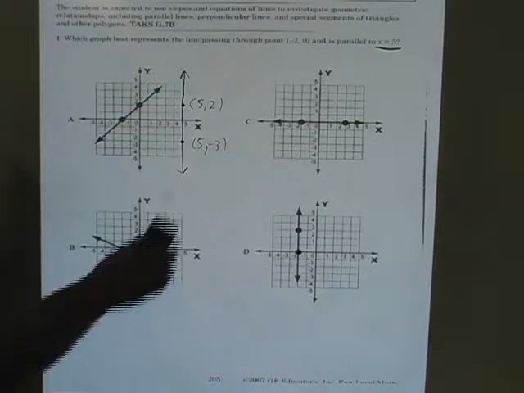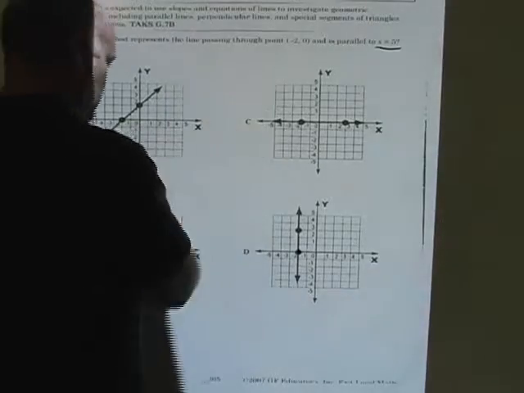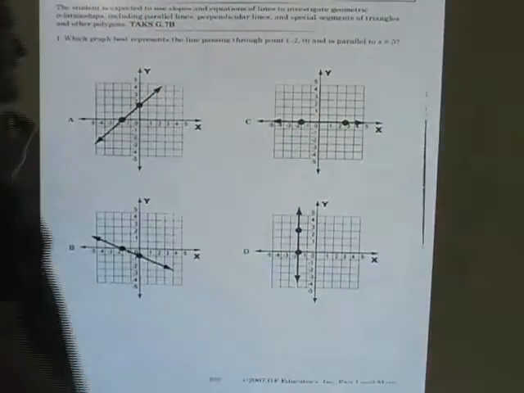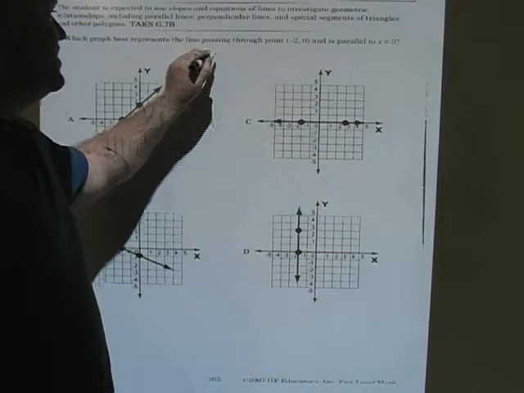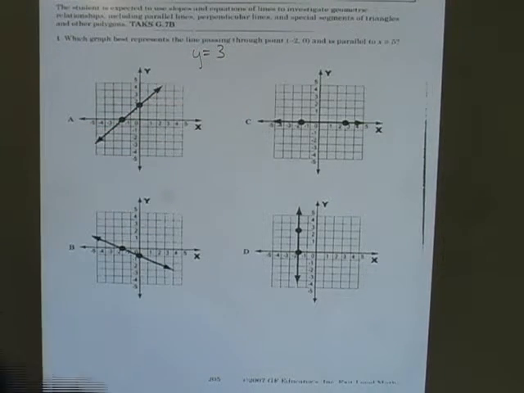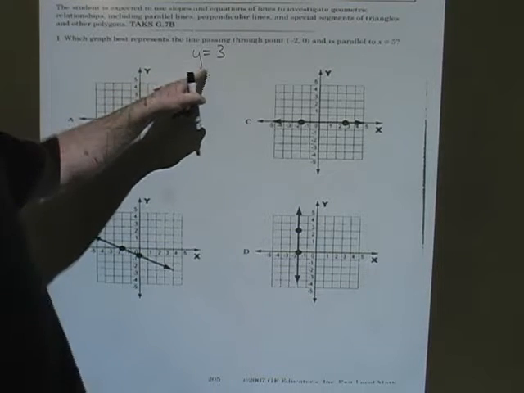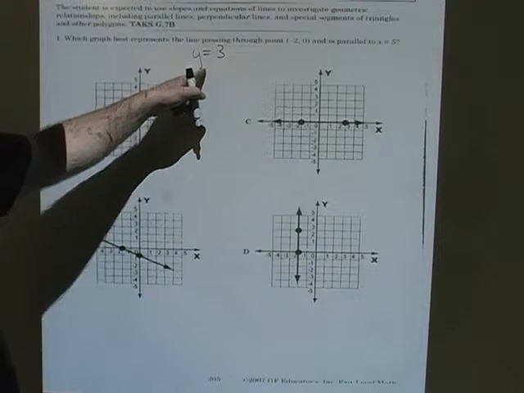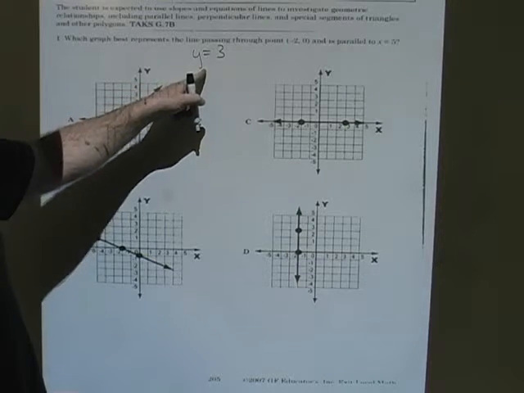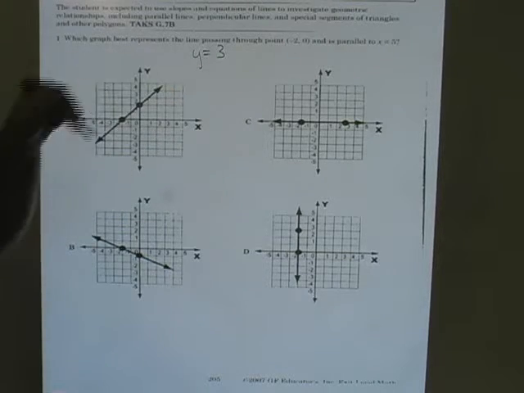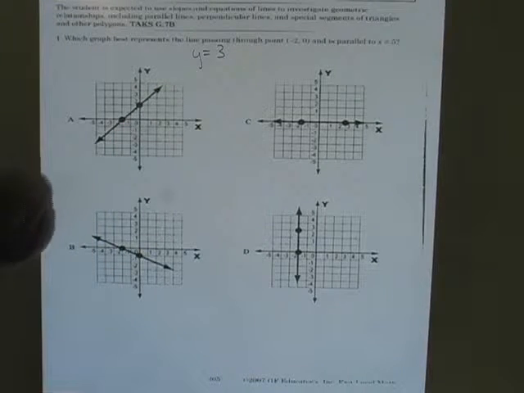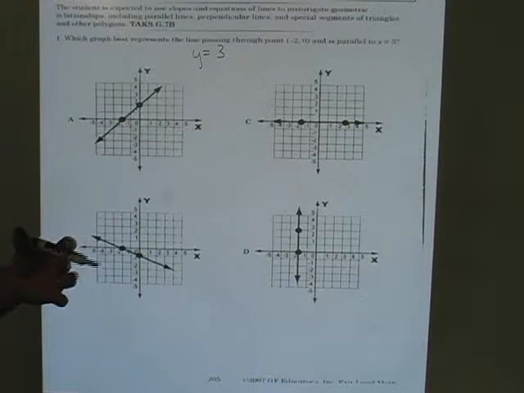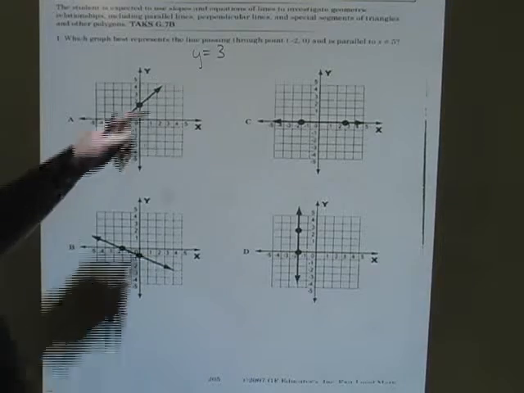Okay? But while we're talking about this, if you had a line that was y equals 3, okay, where would that line be? Well, it's exactly what it says. And this one you can actually plug into your calculator. You just go to y equals and you put in 3 and you graph it. But in this case, instead of a vertical line, you're going to get a horizontal line.